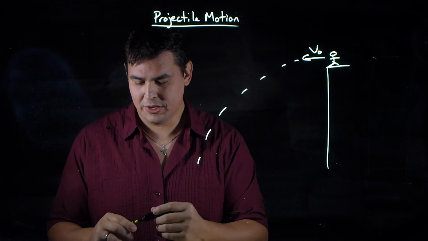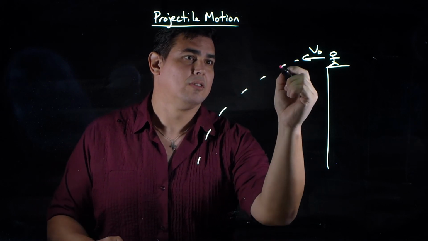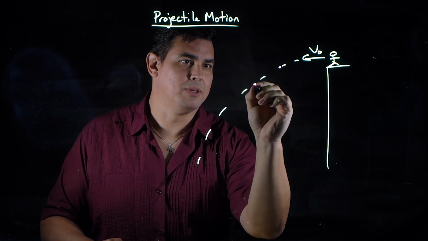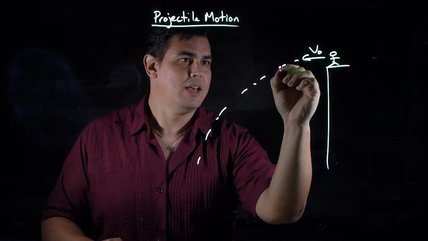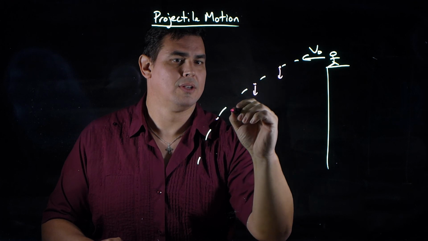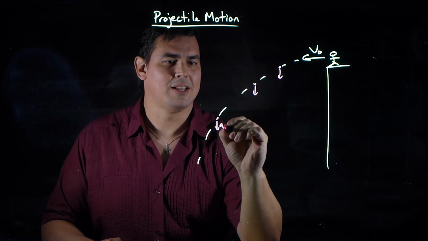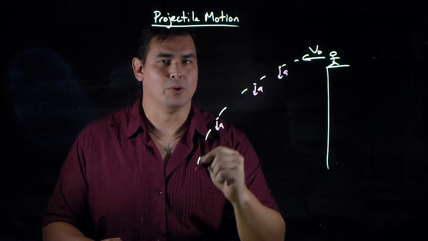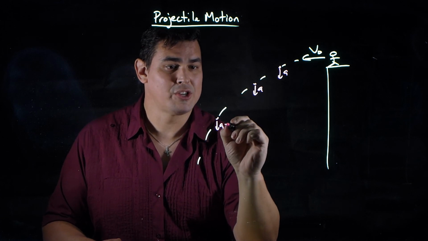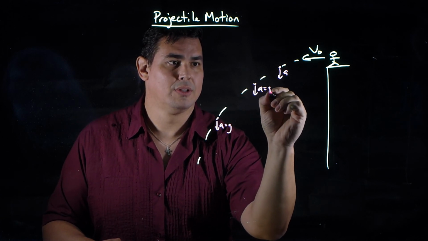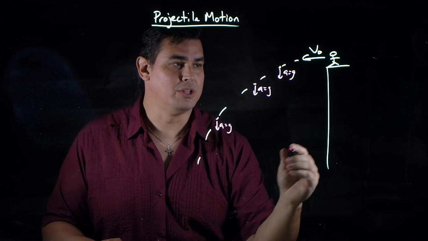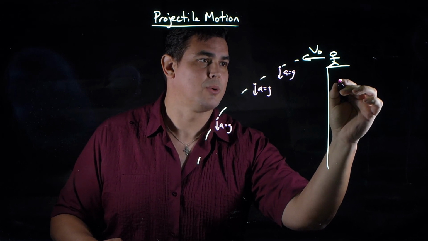At all these points, you have an acceleration downwards, and that acceleration is equal to the acceleration due to gravity, g, which is 9.8 meters per second squared.